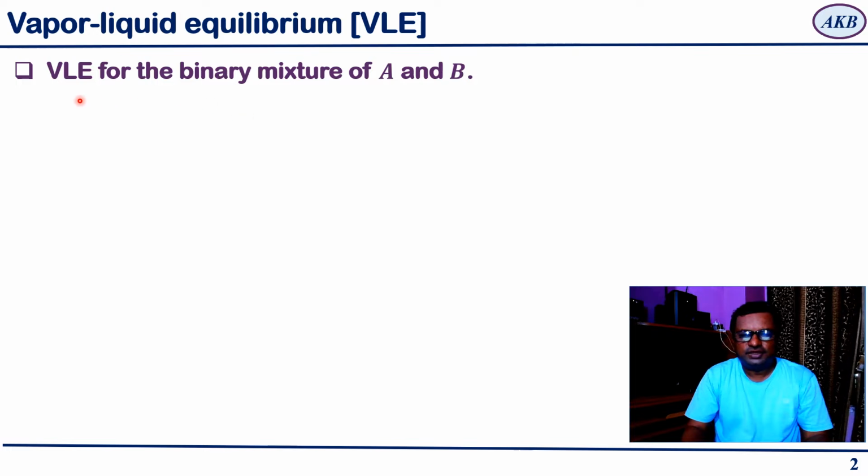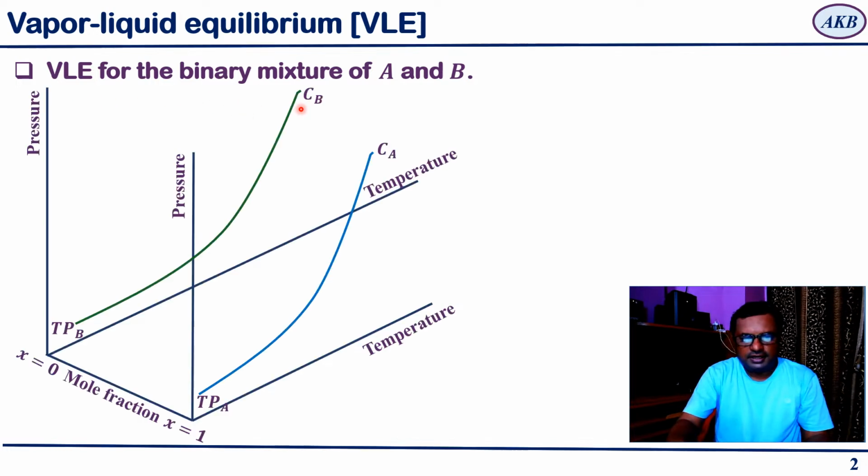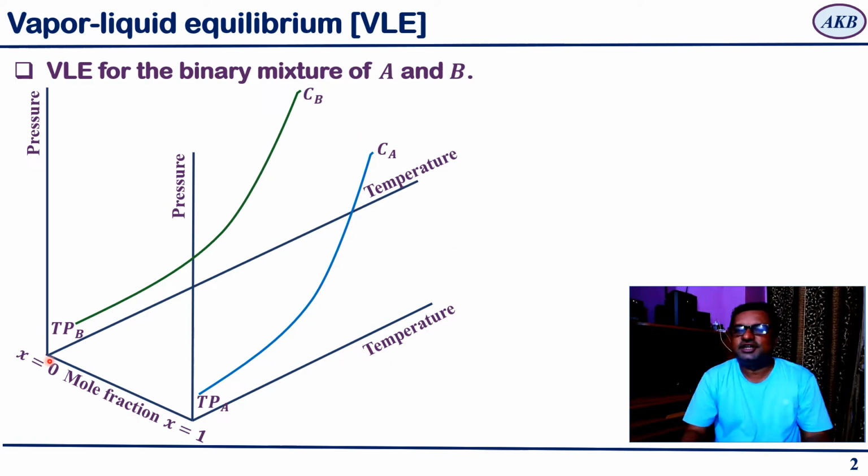VLE for the simple binary mixture is represented on a three-dimensional plot like this. You have pressure, mole fraction, that is composition, and temperature. Three variables come into the picture, and that is why you have a three-dimensional plot. Please watch my previous lecture to understand the concept. I have discussed it over there.